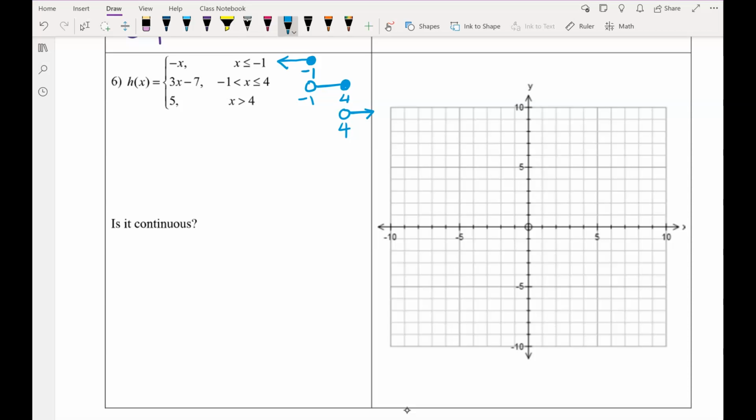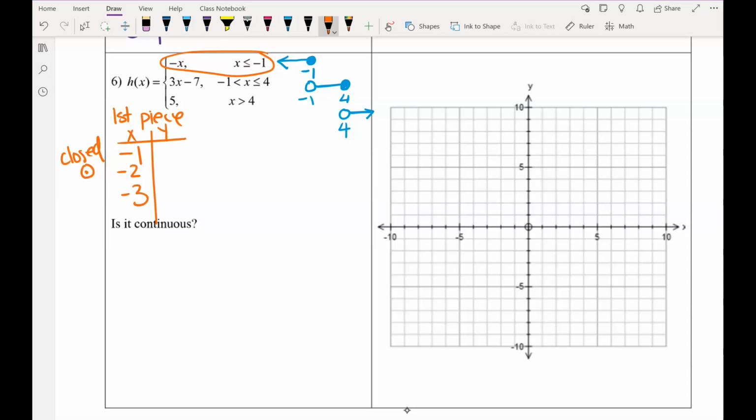Okay, so we do want to make a table for the first piece. So I'm going to pick orange. First piece. And the first piece is this one right here. We want to start at -1, and we have a closed circle. All right, and I want to pick some values that are smaller than that. -2, -3.